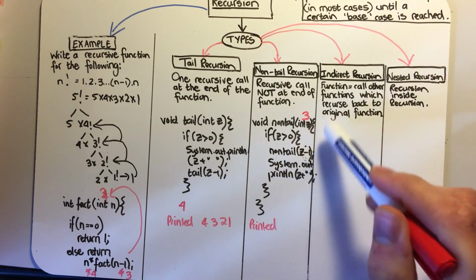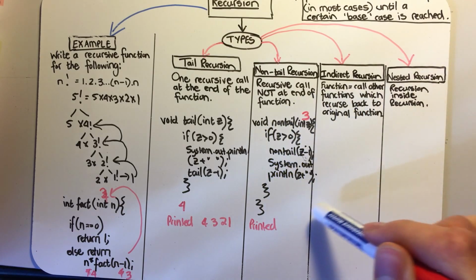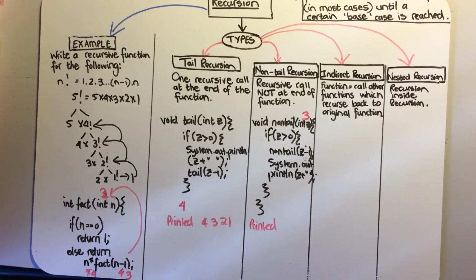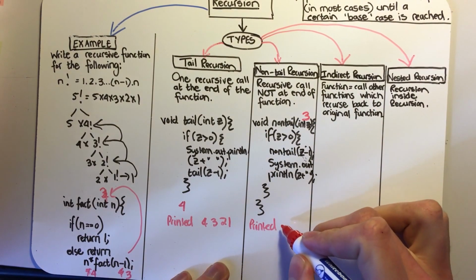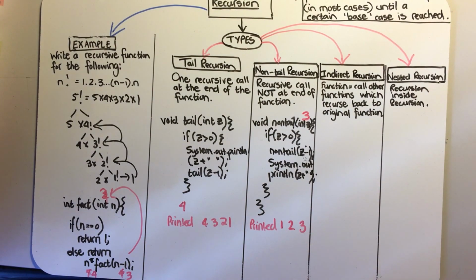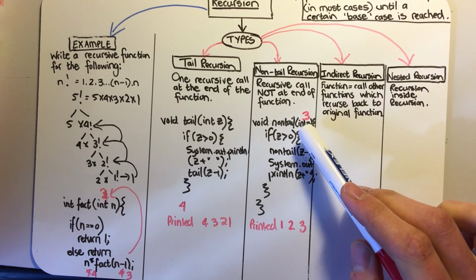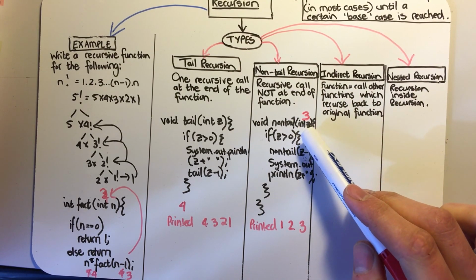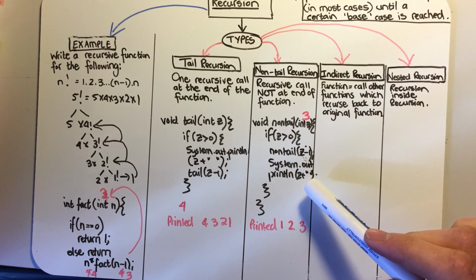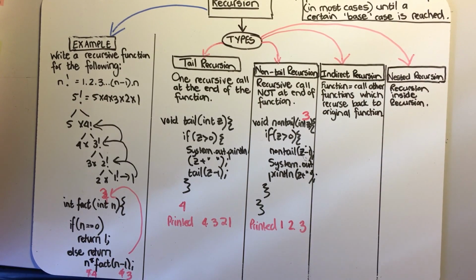Then you're going to do a call with 2, and then 1, and then it's going to be 0, and it's going to return, but it's going to go back to the first return call. So it's going to print out 1, 2, and then 3. Because the recursive call with 1 was the last recursive call we did that returned a value. And it's going to return 1, it's going to return 2, and it's going to return 3.